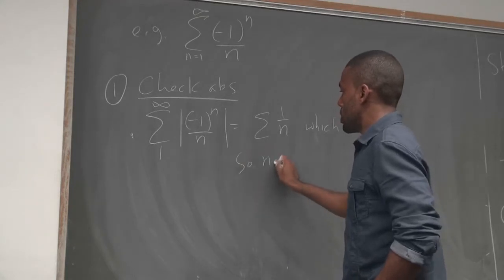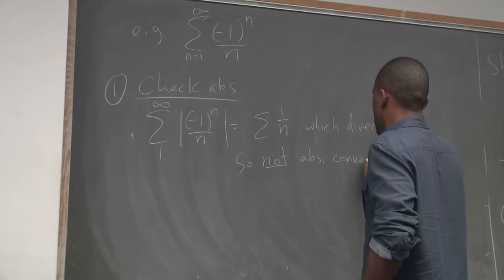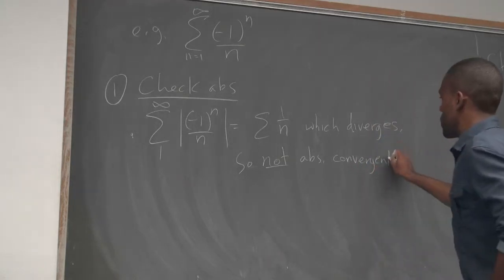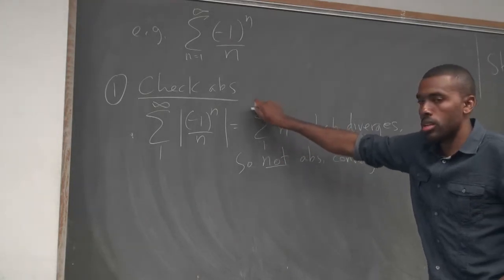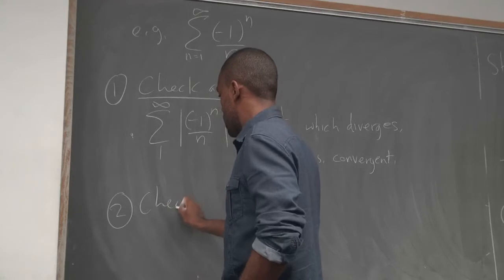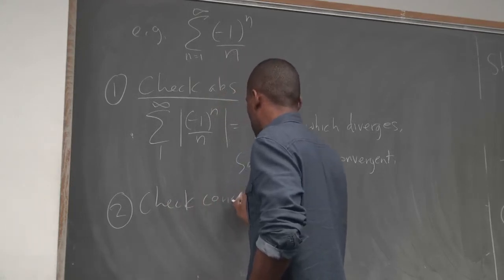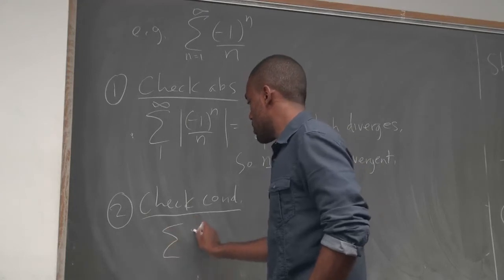So not absolutely convergent. The harmonic series, you can just say diverges, everyone would know that. And so you go to step 2, check conditional. In which case now I look at the original series.